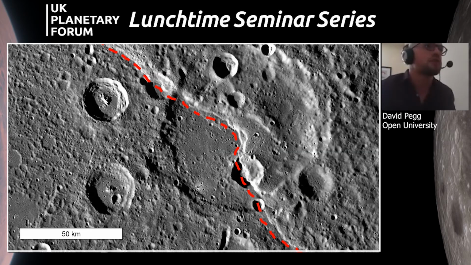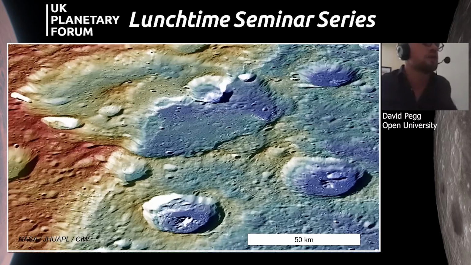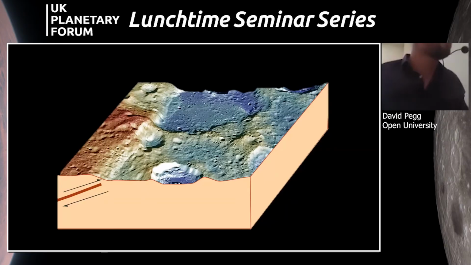And if we look in a kind of orthogonal view at that with some shading that shows the topography, the left of the image there, that red is much higher up than those areas to the right of the image in blue. You can see the cliff. It's a bit exaggerated, the topography there, but you can see the cliff, and you can see that it's really cut these craters so they're no longer circular. And the reason for that is these cliffs, these rupes, are generated by tectonic faults.